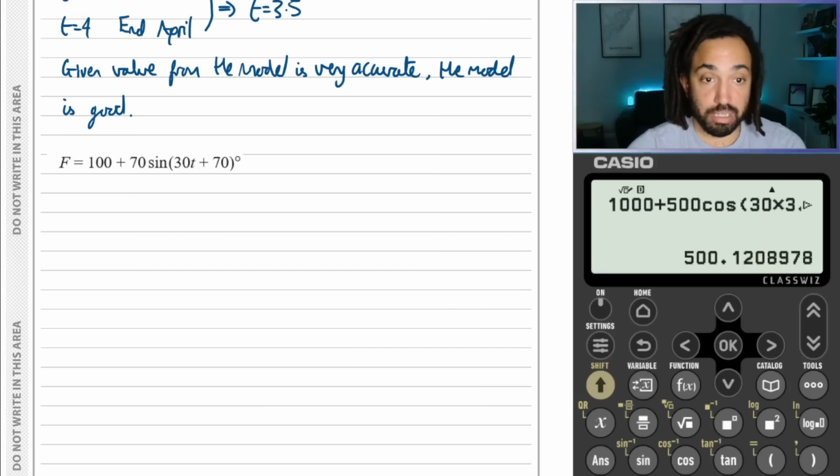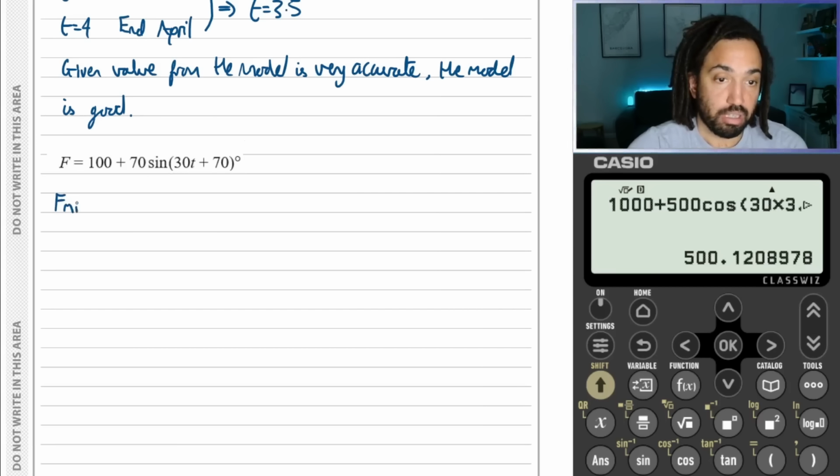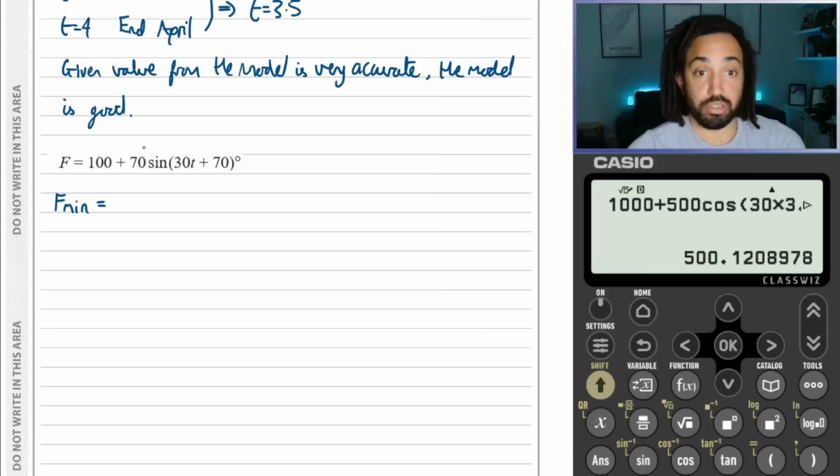Alright, so to minimize this, we're going to say f min. In the same token as what we said before, sine and cos, they both fluctuate between 1 and -1. So to minimize this, we want that sine function here to equal -1.